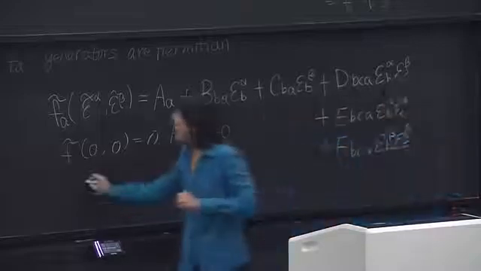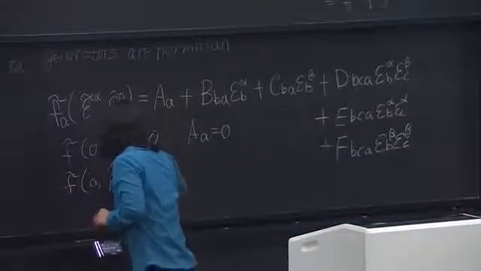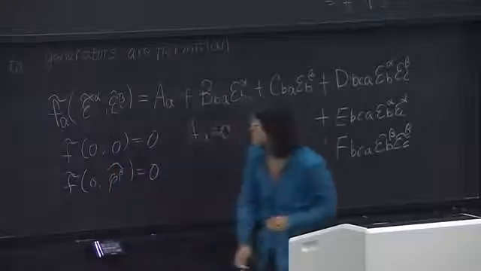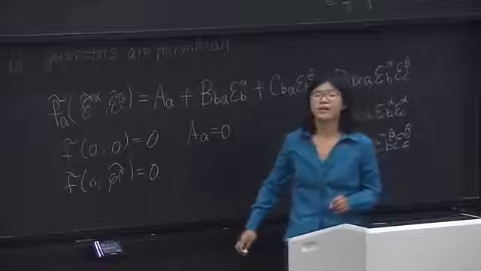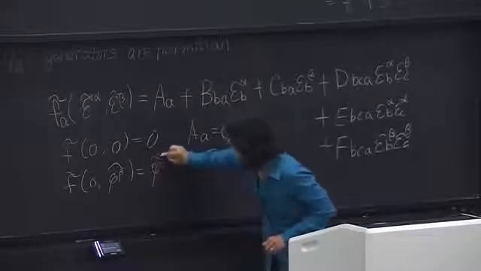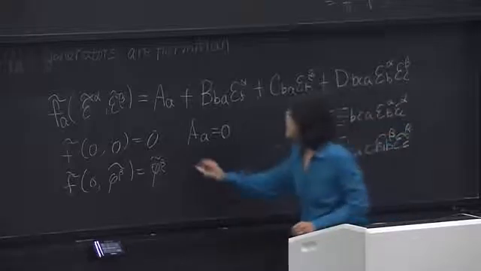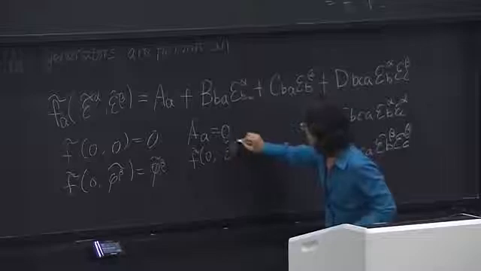We know F tilde at 0, phi beta tilde equals 0, valid for all phi. So in particular, this needs to be valid if I take epsilon beta tilde.